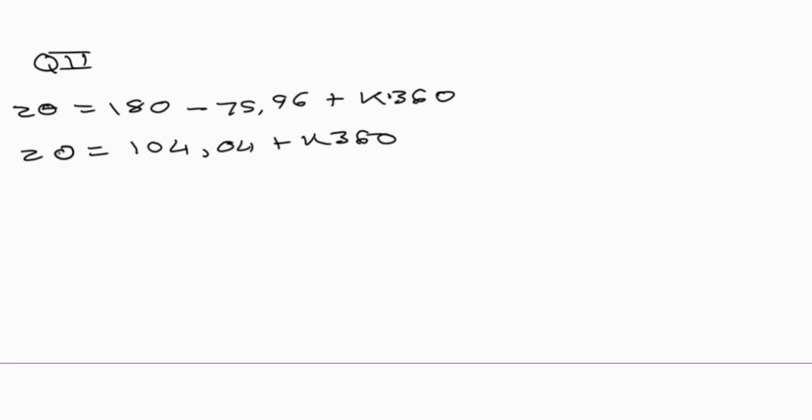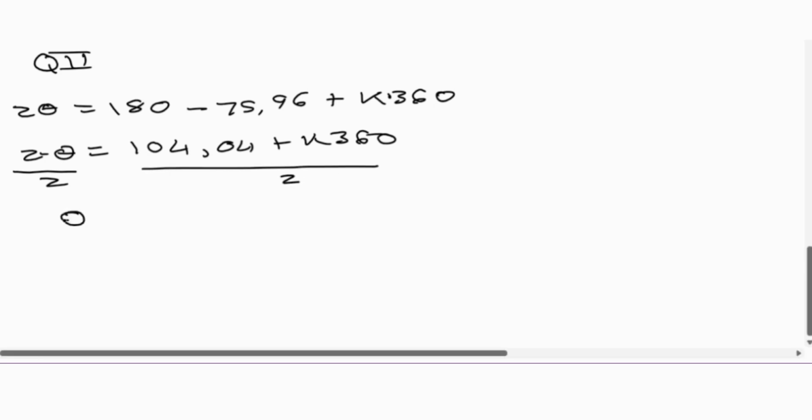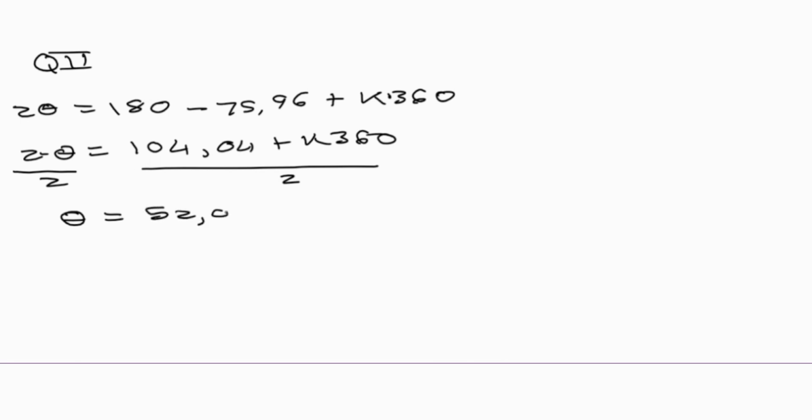But this is not entirely simplified, because I need to get theta by itself here, but I still have 2 attached to theta. This is where we can now divide by 2. So theta is equal to, I'll just divide that on my calculator, 52,02 plus K180.